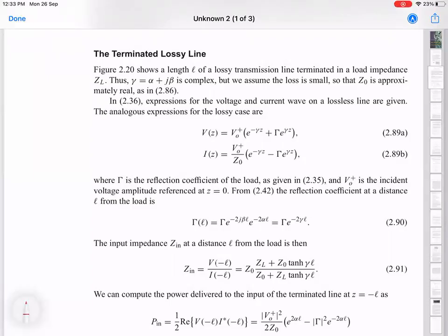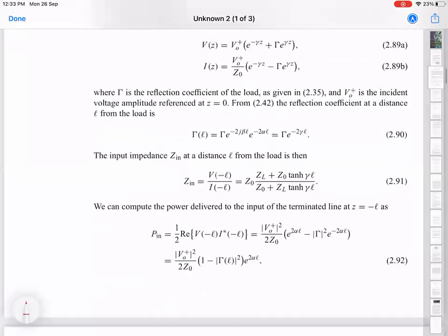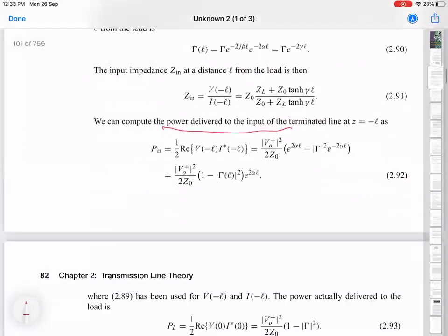So if you have a situation where this line is not lossless anymore, then now not only the phase is changing, the amplitude is also changing. So there are of course some naive effects. The first part of this section basically calculates the power delivered in such a system.